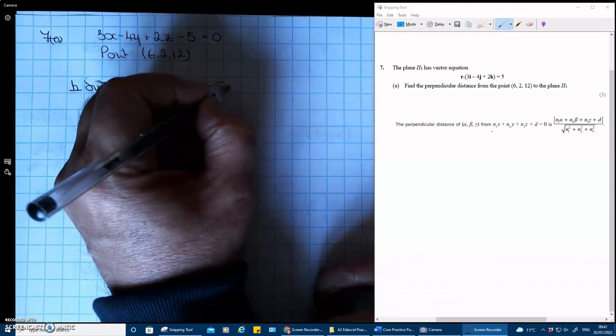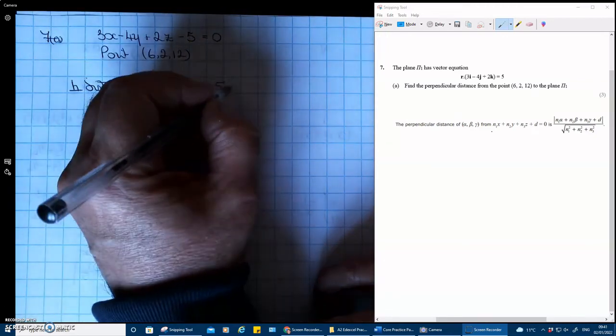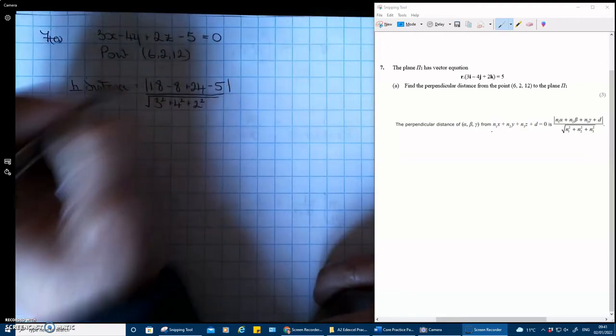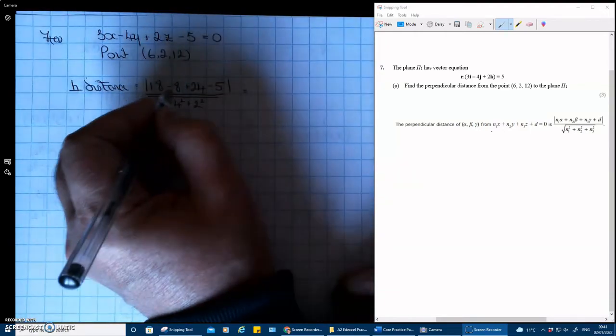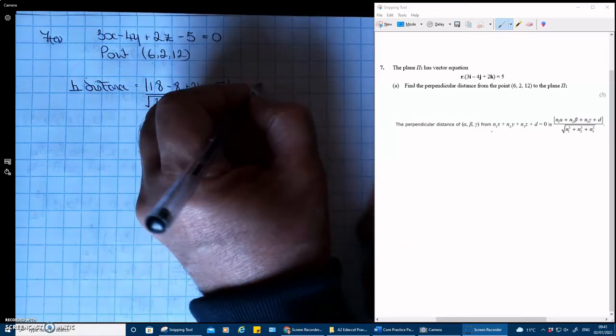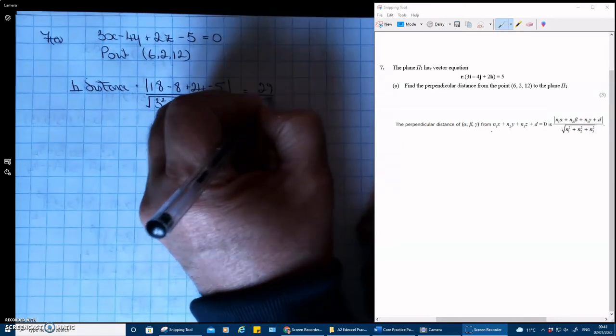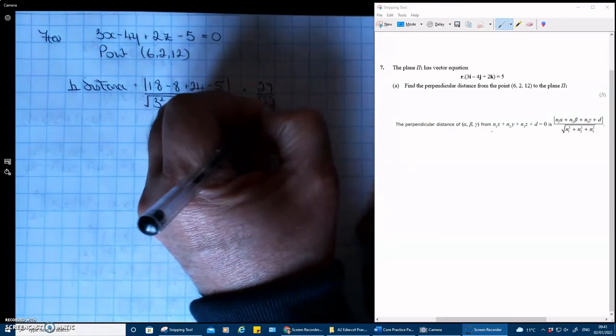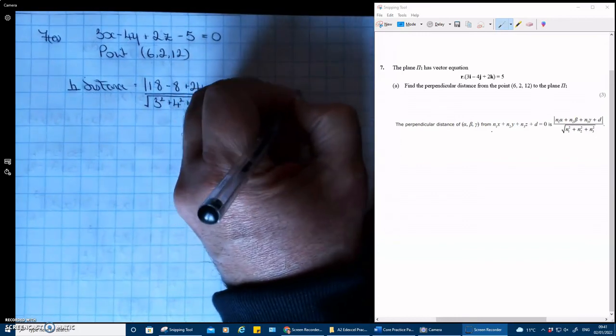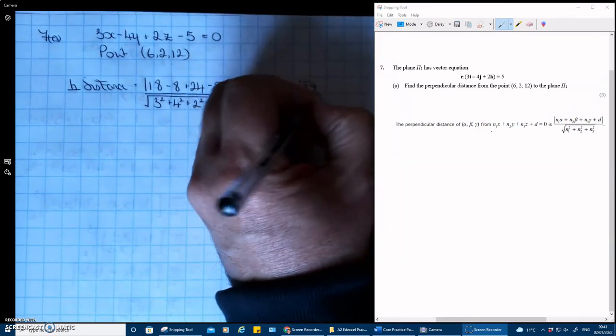Notice the modulus signs at the top, which means it's a distance, so we take the positive values. So I'll put those back in, doesn't matter in this case. At the top we get 29, at the bottom we get root 29. So 29 over root 29 is just root 29.